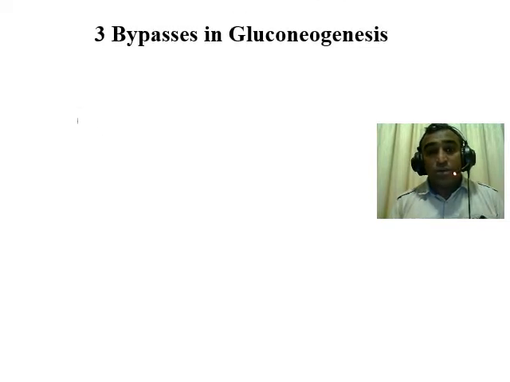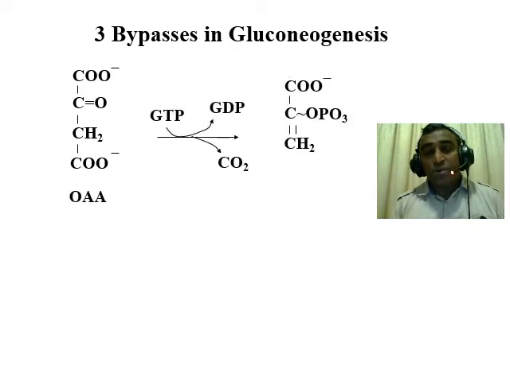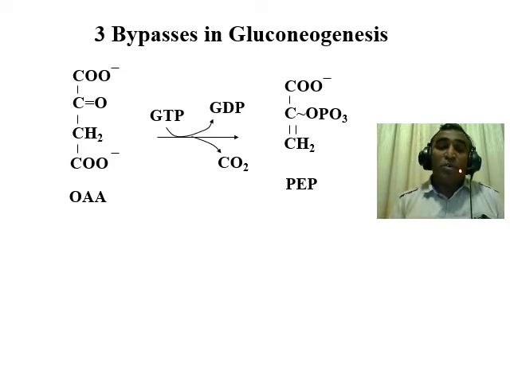So once the oxaloacetate has been made by the effect of that enzyme just now, it will then be converted to phosphoenolpyruvate, and surprisingly it requires energy, but not in the form of ATP but using GTP.